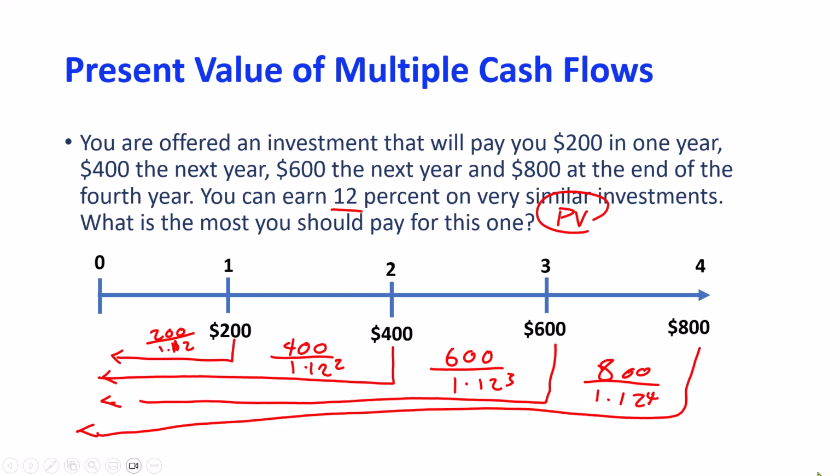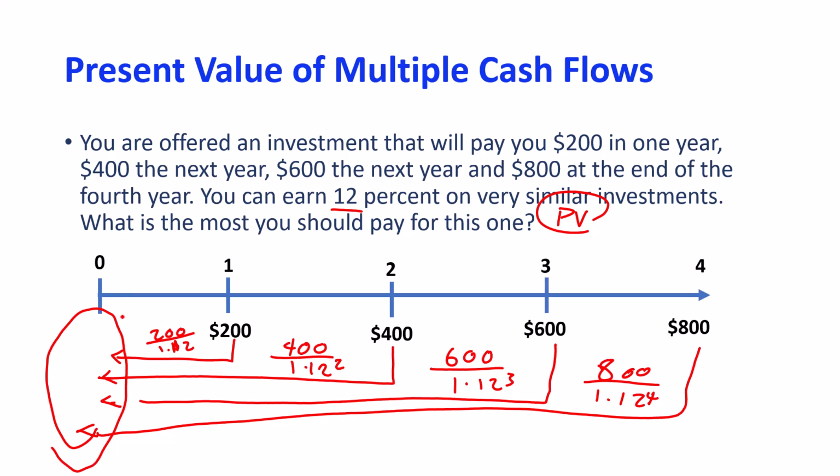It's actually fairly simple. You have to do it 4 times, and then all you need to do is add the present value of these individual cash flows to find the present value of the series of cash flows as a whole. But as you can imagine, not every situation can be this easy.